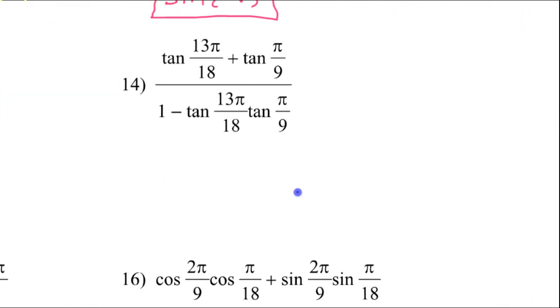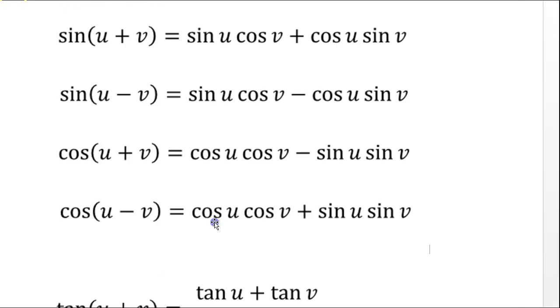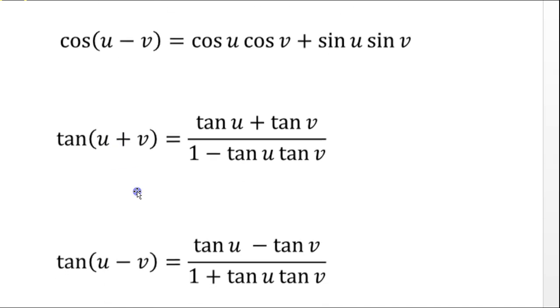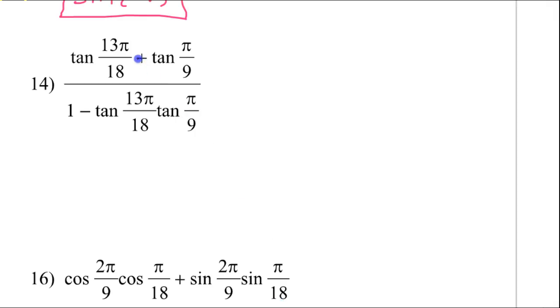Alright, how about number 14? Well, this is obviously going to involve the tangent formula. And when we do the tangent formula, the sign of the numerator is going to match the sign in terms of whether or not you're adding or subtracting the two angles. So as I look at this problem, I see in the numerator it's addition.